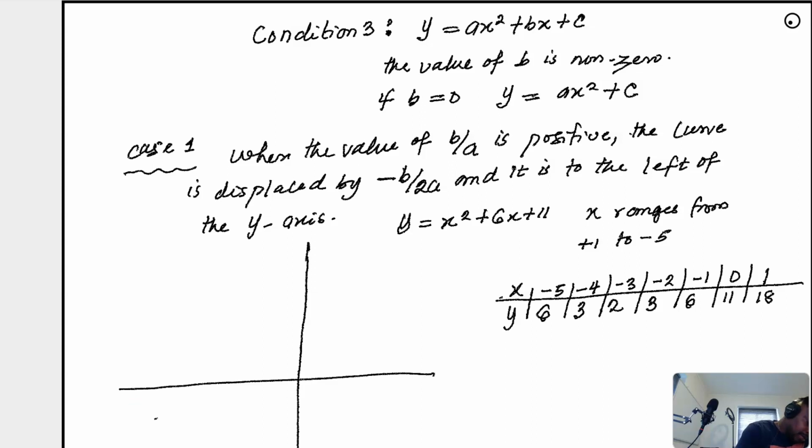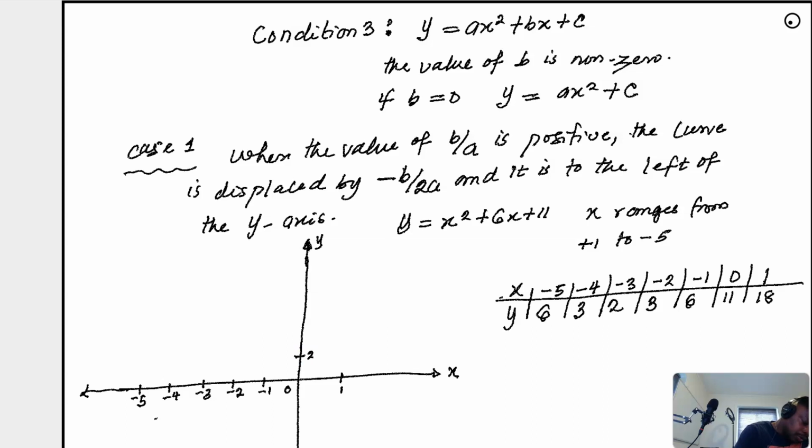So here, this is my y and this is my x. This is 0, this is 1, this is minus 1, minus 2, minus 3, minus 4, minus 5. And for the y value, maybe we can use 2 here.